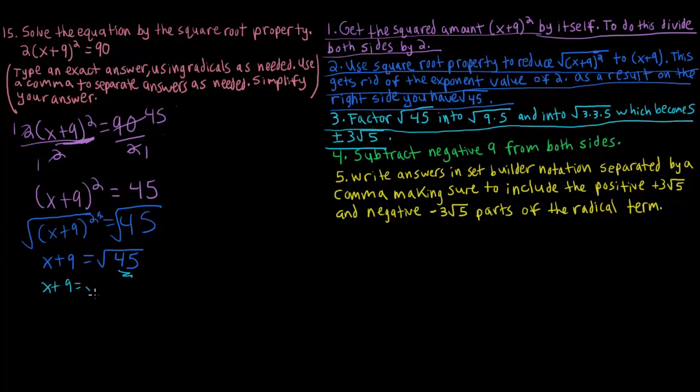It can factor to 9 times 5, and 9 can factor into 3 times 3, which equals 9, times 5, which equals 45. When simplified, this will equal x plus 9 equals plus or minus 3 square root of 5.